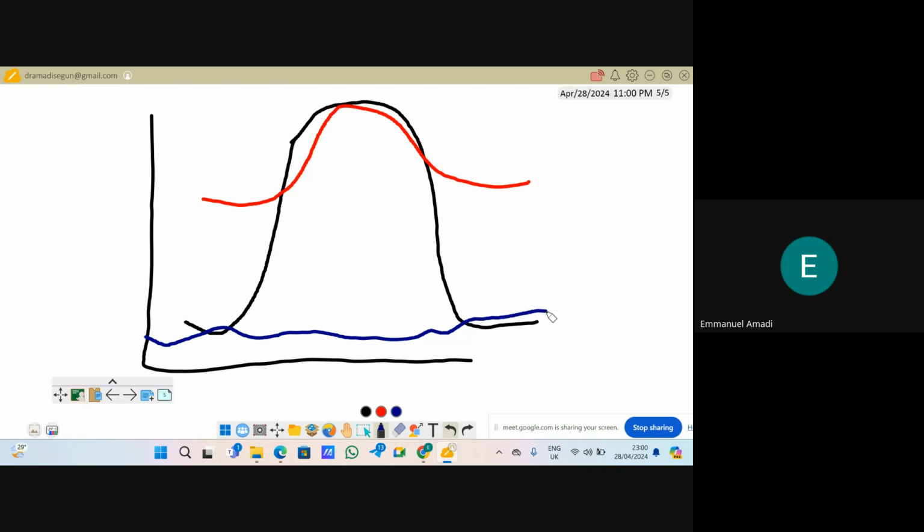This blue line is the atrial tracing. The pressure in the atrium is represented by the blue line. Now, the black line is the pressure in the ventricle. The red line is the pressure in the aorta.